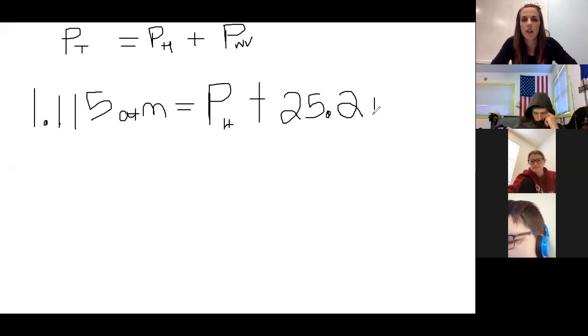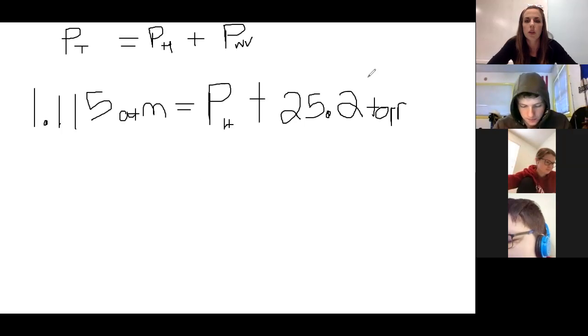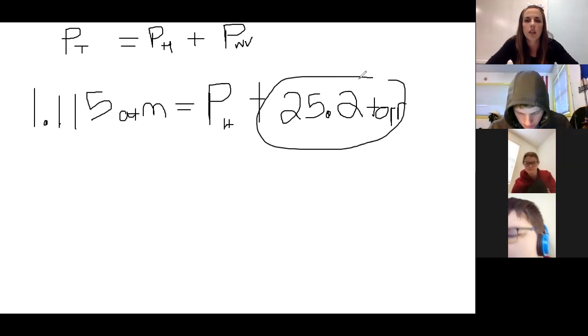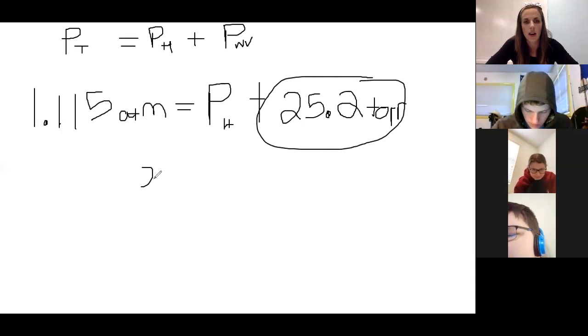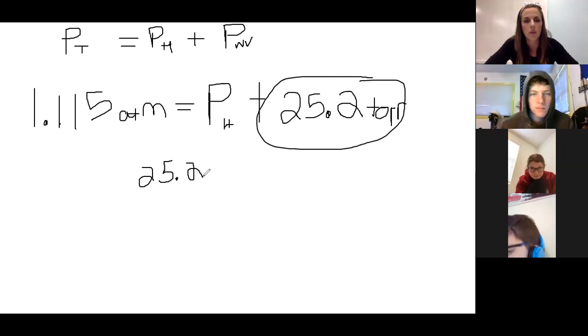So we need to convert either the atmospheres or the torrs. Doesn't matter which one. But in the problem, it looks like they convert the torrs to atmospheres. So we're going to convert this number to atmospheres. So we'll go 25.2 torrs is our given value, right? Do y'all miss conversions? No, you do.